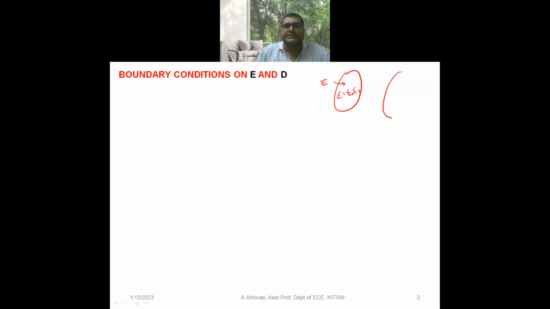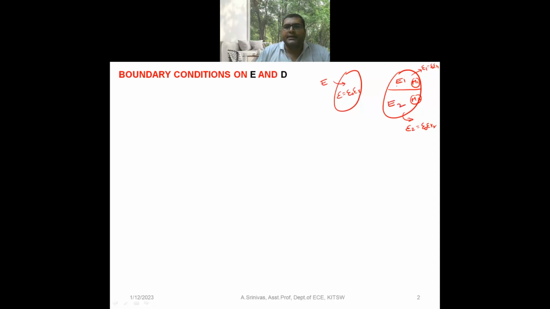If the electric field exists in a region consisting of two different media, medium 1 and medium 2, medium 2 characterized by epsilon 2 equal to epsilon naught epsilon r2, and medium 1 epsilon 1 equal to epsilon naught epsilon r1. The electric field in medium 1 is E1 and the electric field in medium 2 is E2.